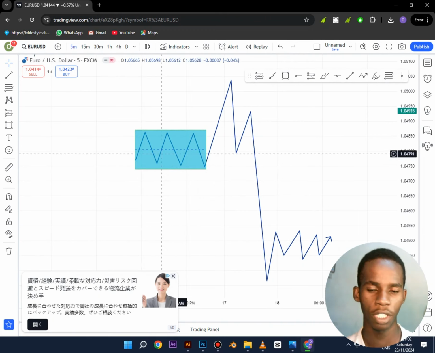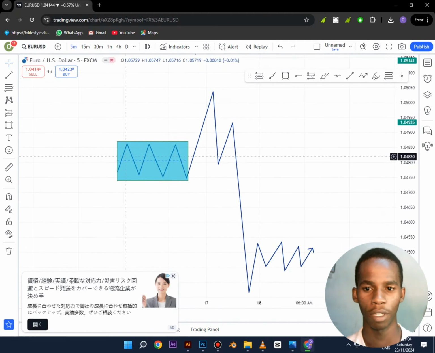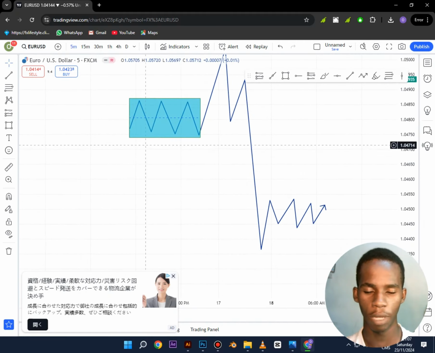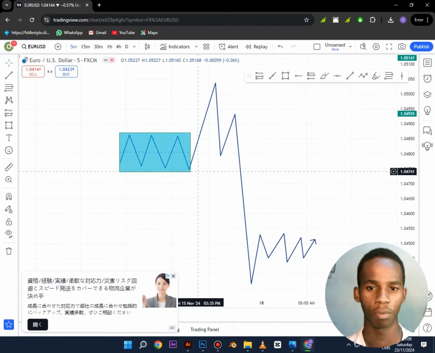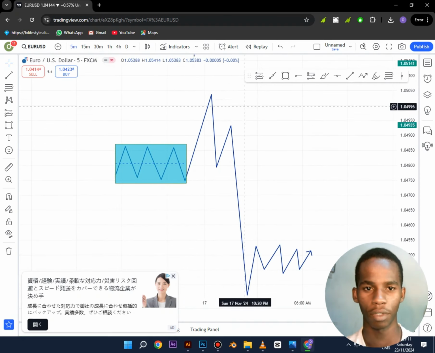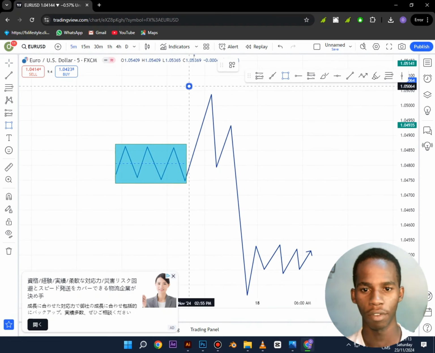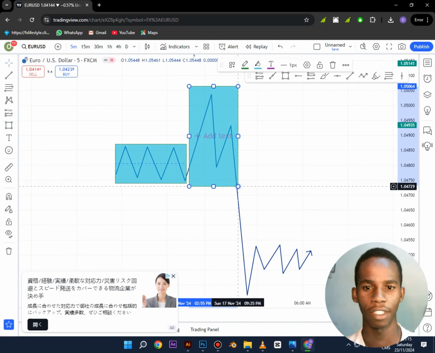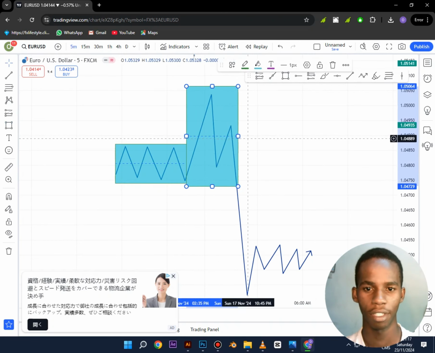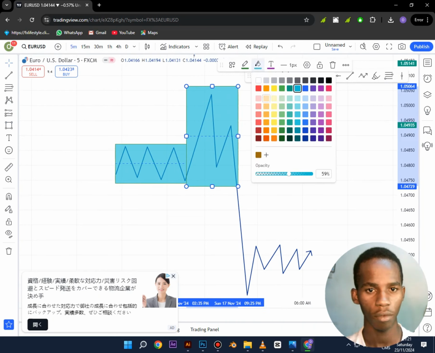So from accumulation, we go to manipulation, which is right here, over here. Just a simple move up so that we gather liquidity. Okay, let me give it orange.